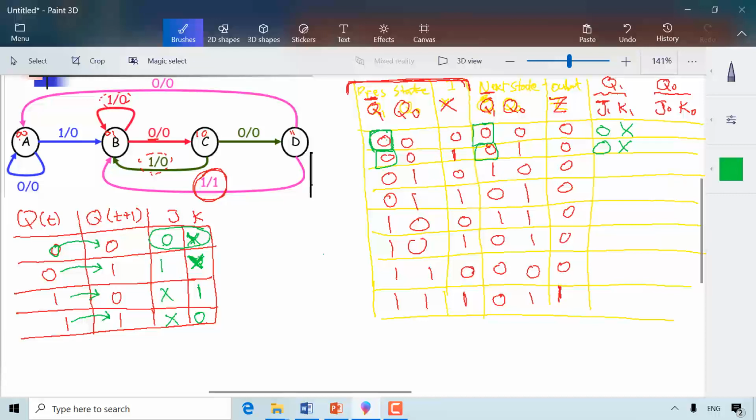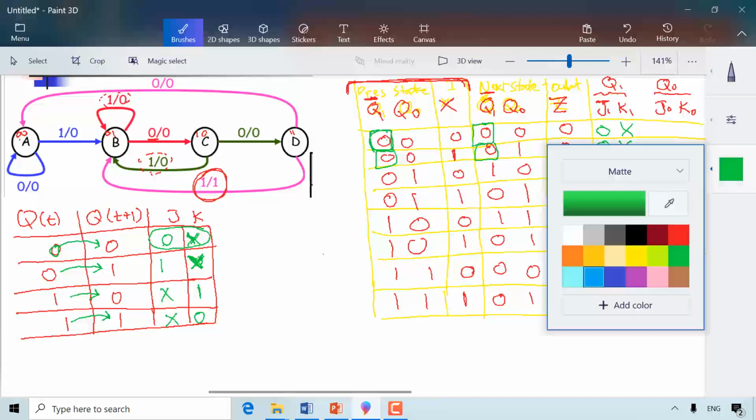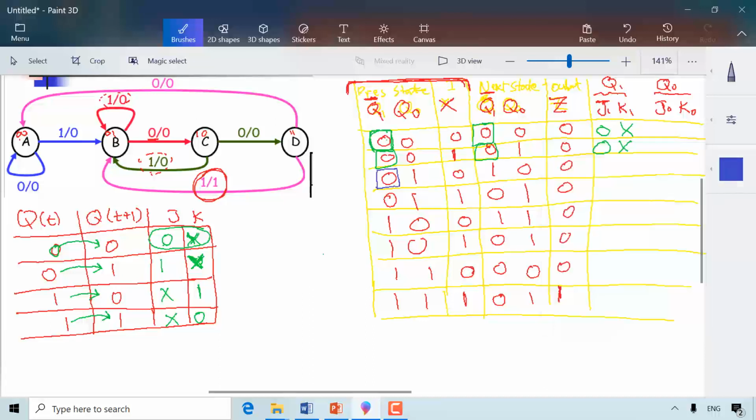Now, let's look at the next pattern. When Q1 present state is 0 and next state is 1, the table says from 0 1 is 1x: 1 on the J and x on the K. Now the next present state 0 and next state 0 is 0x.